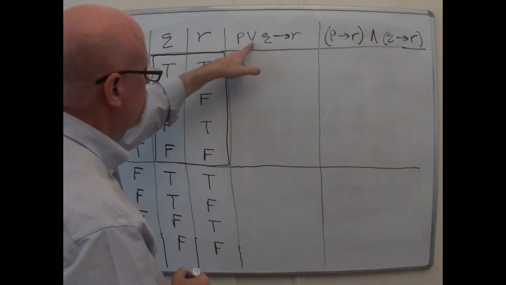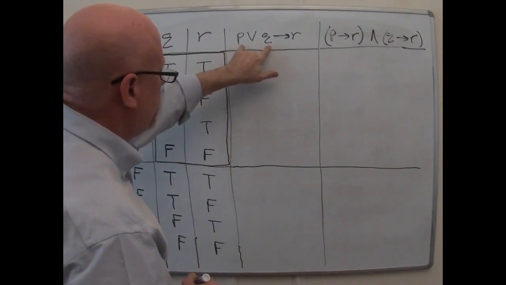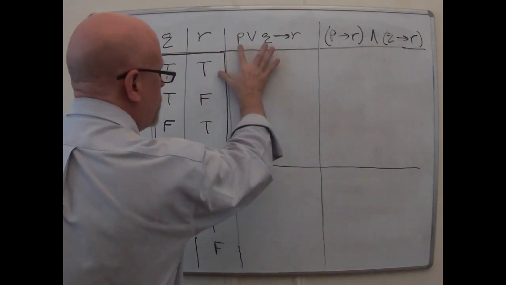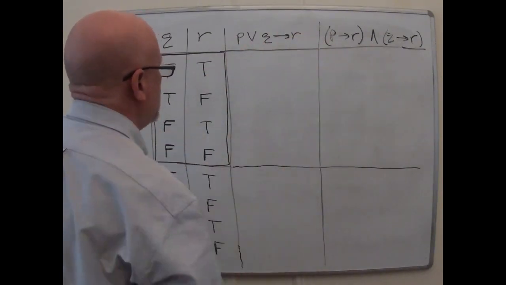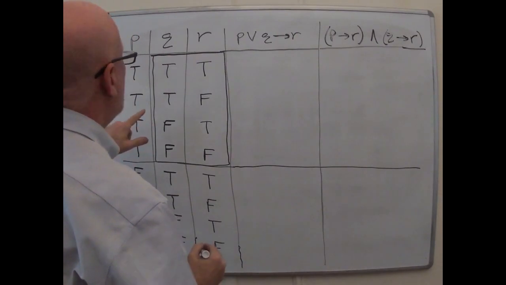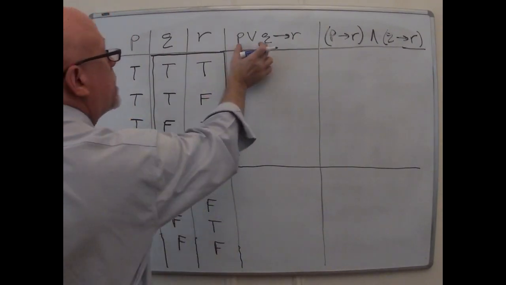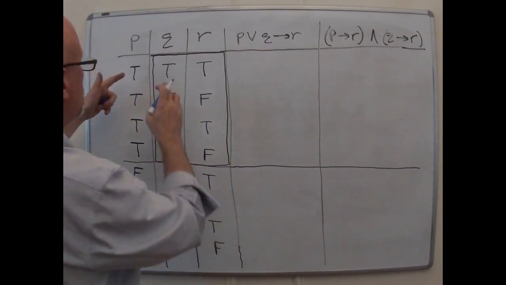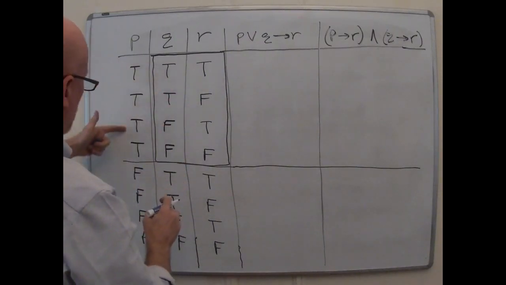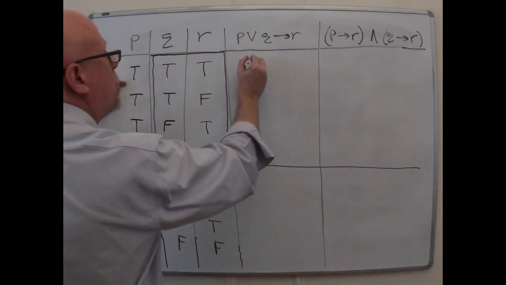I'm going to use a blue marker so we see it, but you can write the value of just evaluating what's on either side of that. In other words, what's the result of just P or Q? Forgetting about the implies R for a second. That being an or statement, it's true whenever either side is true. So wow, it's going to be true in the entire top half of the table.